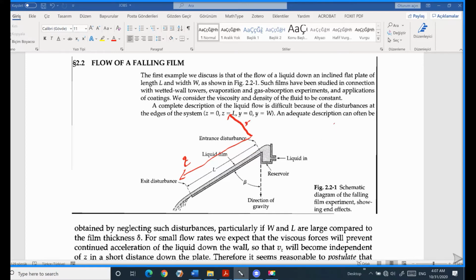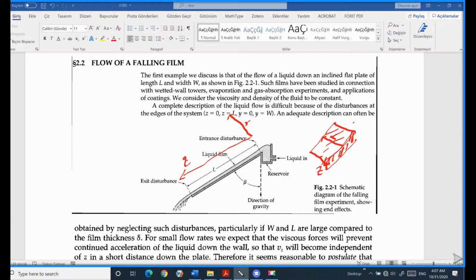Let's consider this flow like this. Something is flowing on the surface of this. This is the x direction. This is the y direction. The z direction, and this is the thickness of that flow.